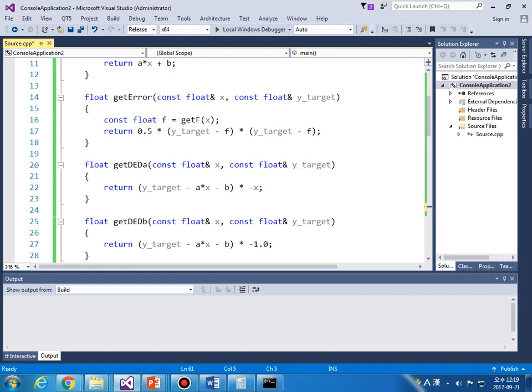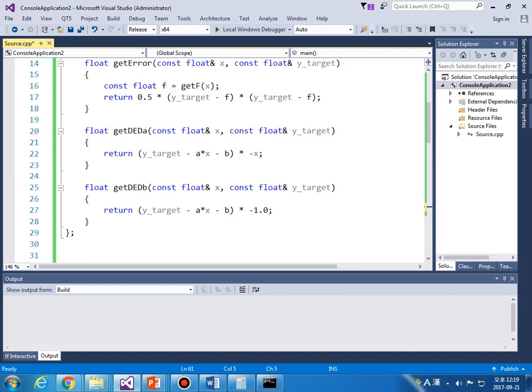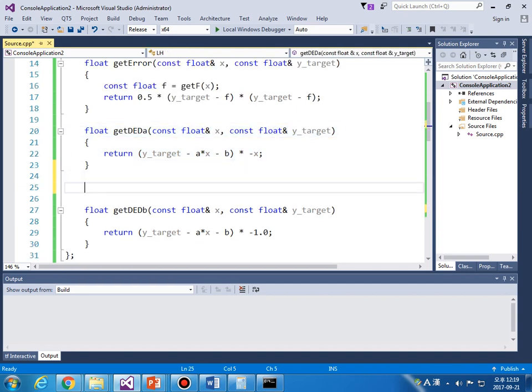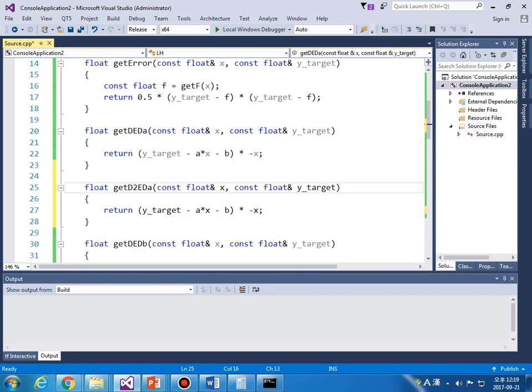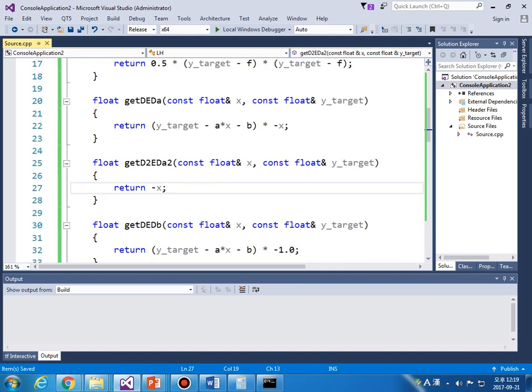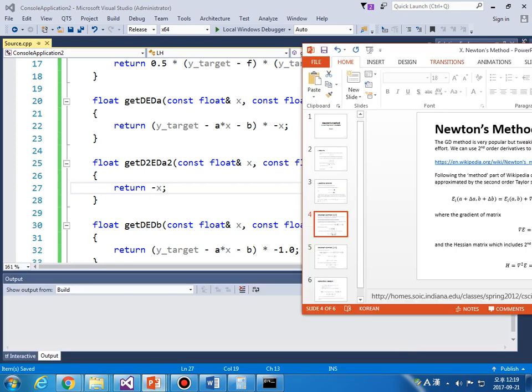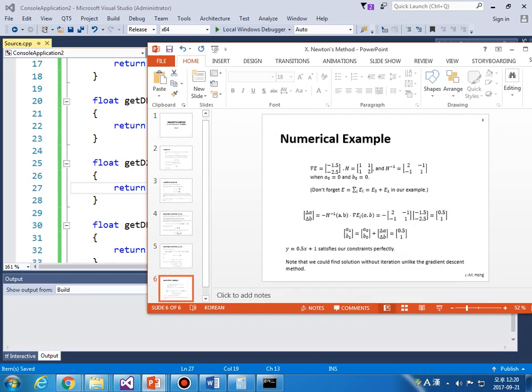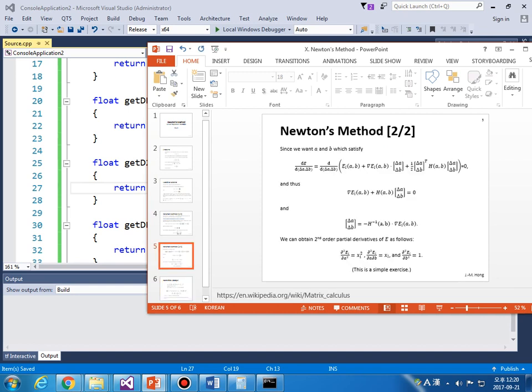So let's implement some more functions. So we need the two function, and we need to differentiate this one, and actually this is minus x. There exists only a numerical example.